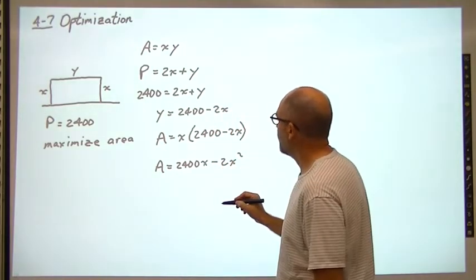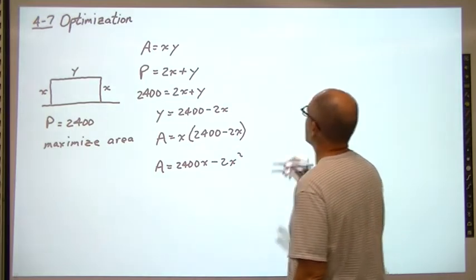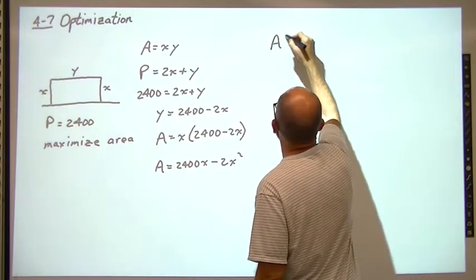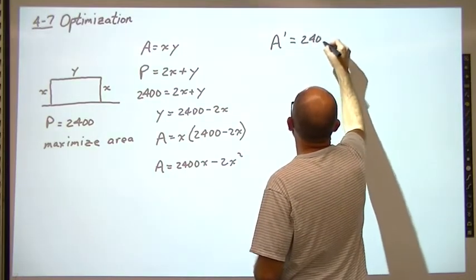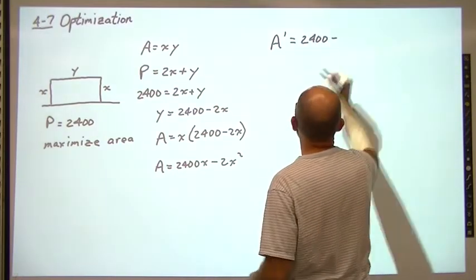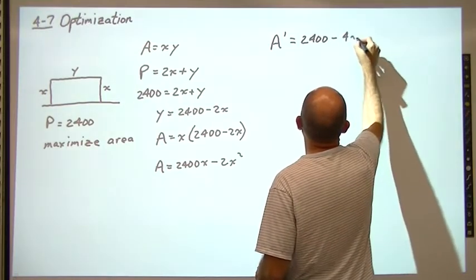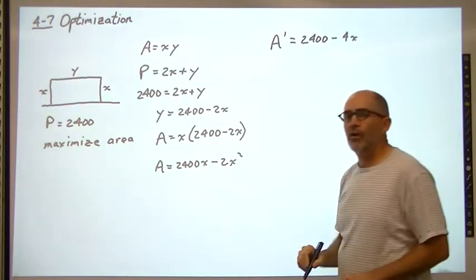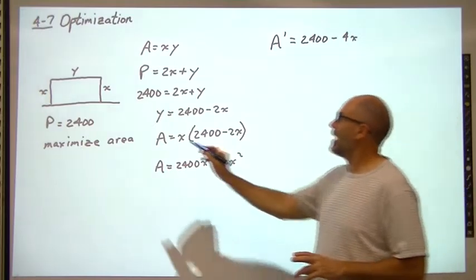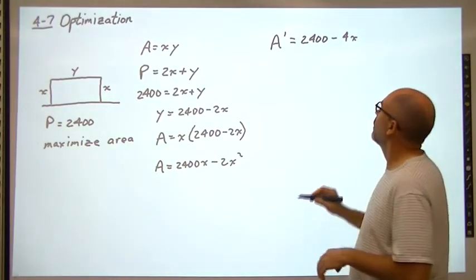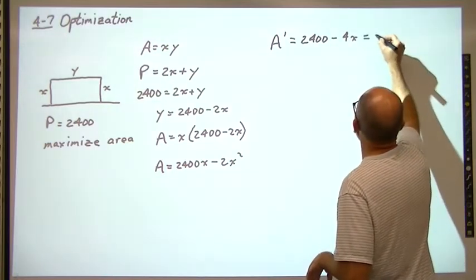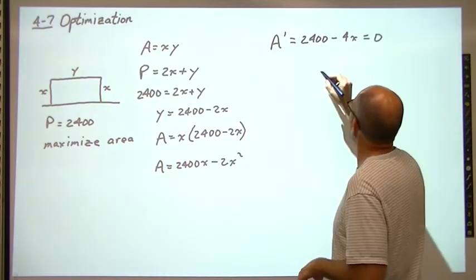Now, the derivative of this is going to be 2400 minus 4x. Now remember, we want the maximum area, so we want the maximum of this function. That means we set the derivative equal to 0, and we solve for x.